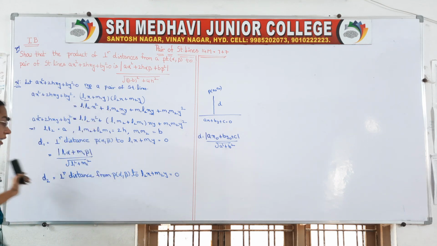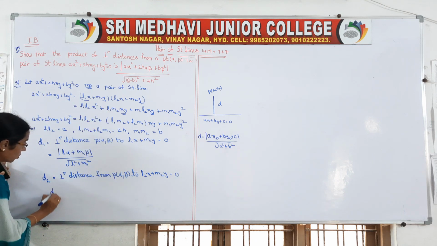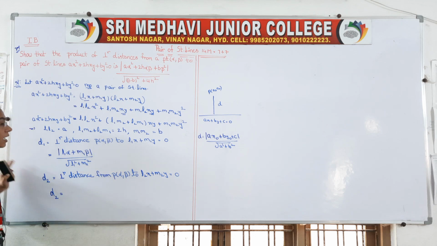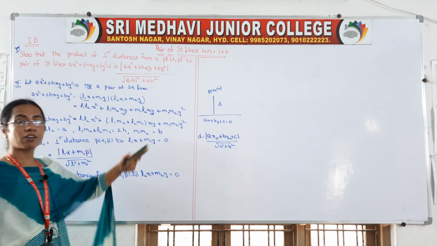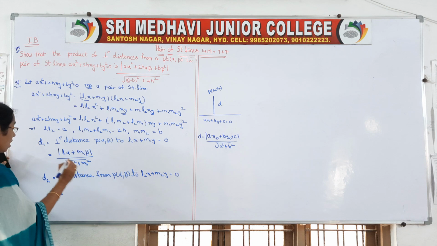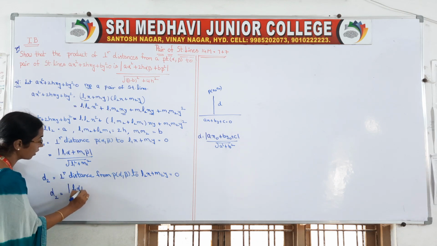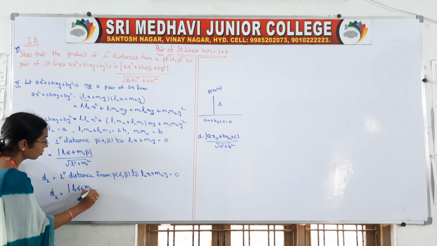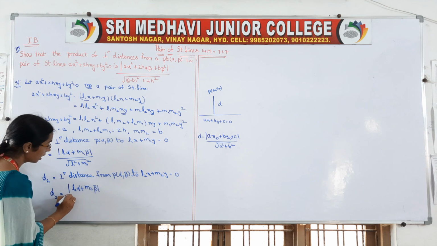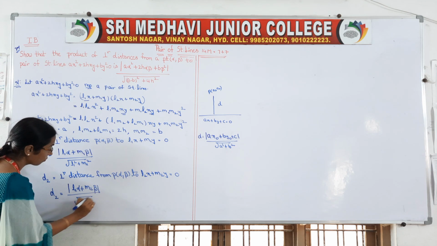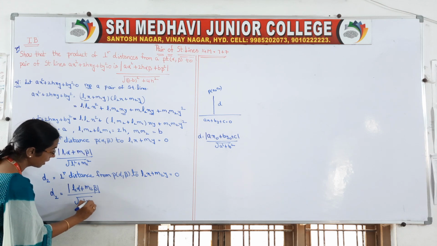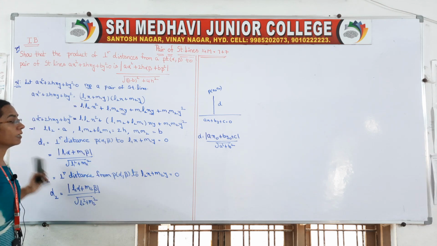Applying the same straight line formula, so no need to write it two times. So D2 is modulus of L2 alpha plus M2 beta, by root of L2 square plus M2 square.